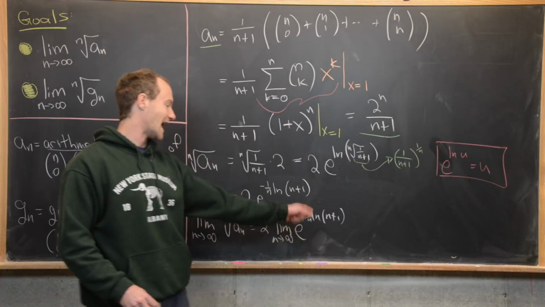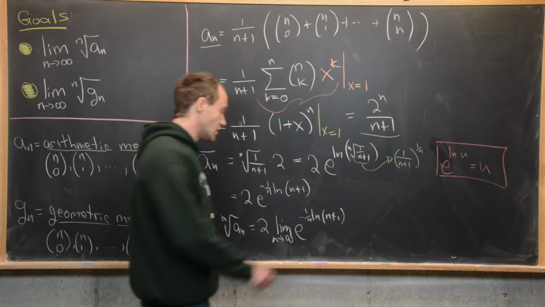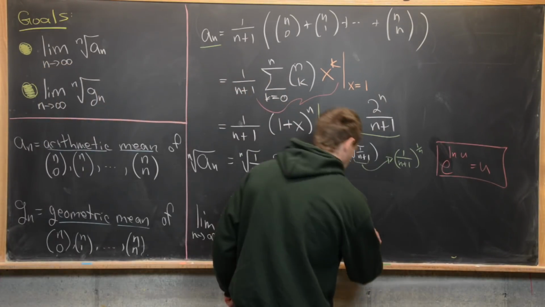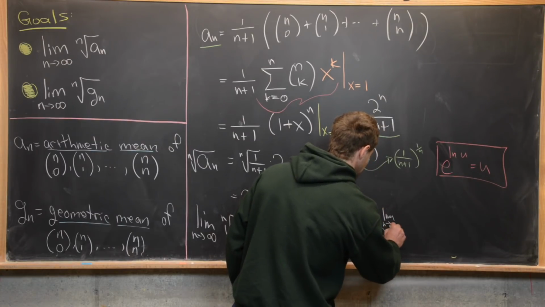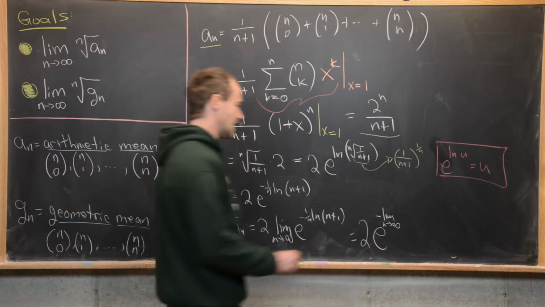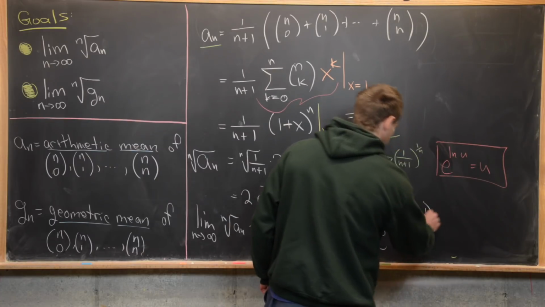But now we know that the exponential function is a continuous function, so we can bring that limit inside of the continuous function. That gives us 2 and then e to the limit as n approaches infinity. Maybe we'll take this minus sign out, and now we have natural log of n plus 1 over n.